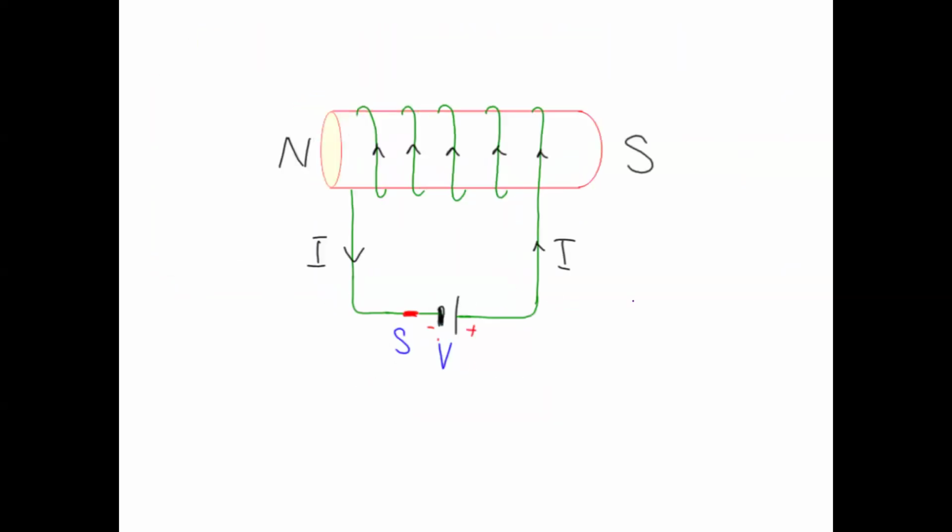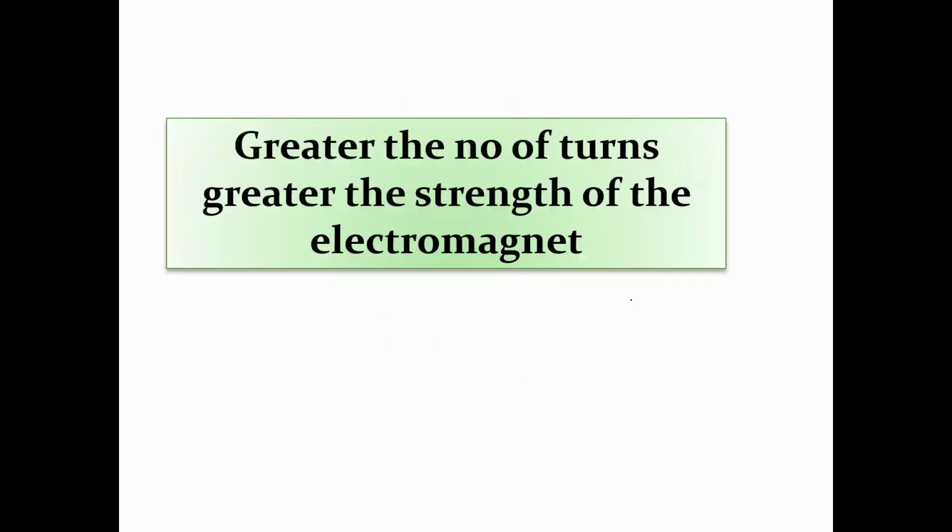So now write in the next line: greater the number of turns, greater the strength of the electromagnet.